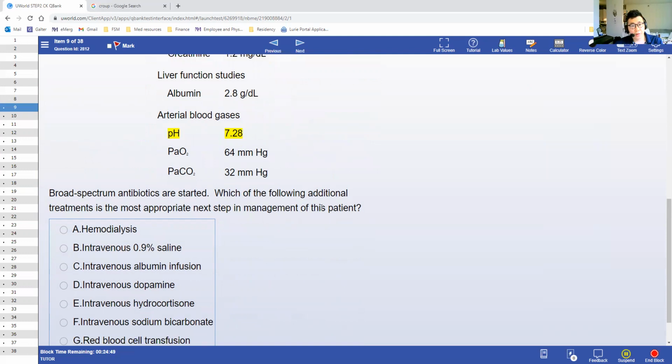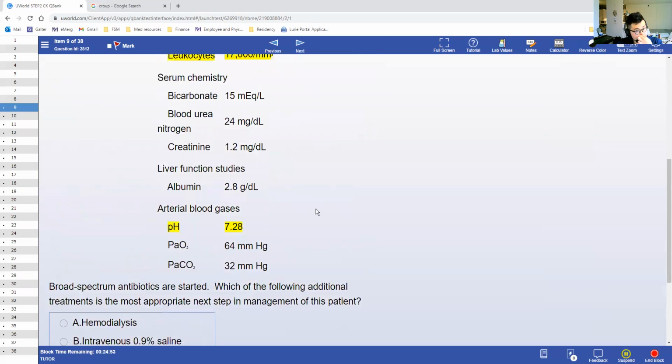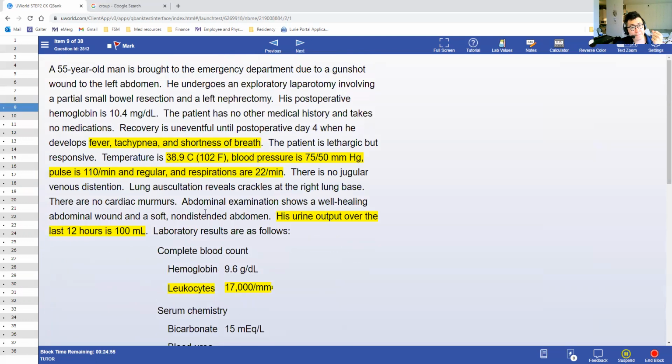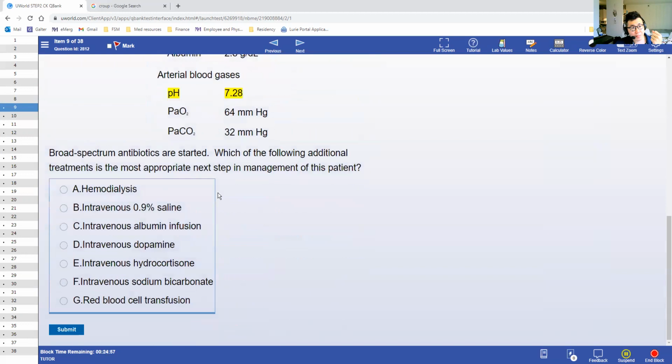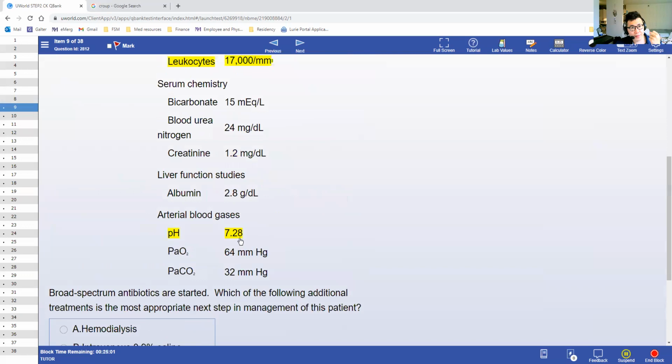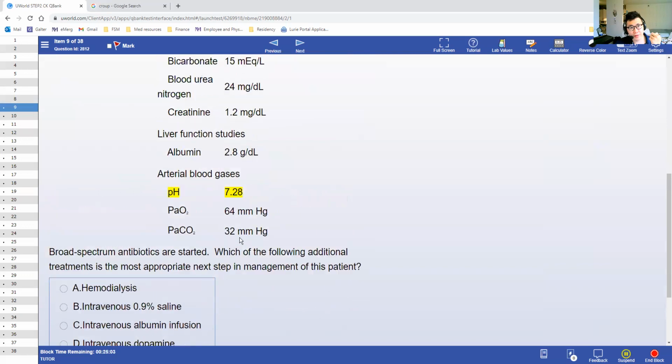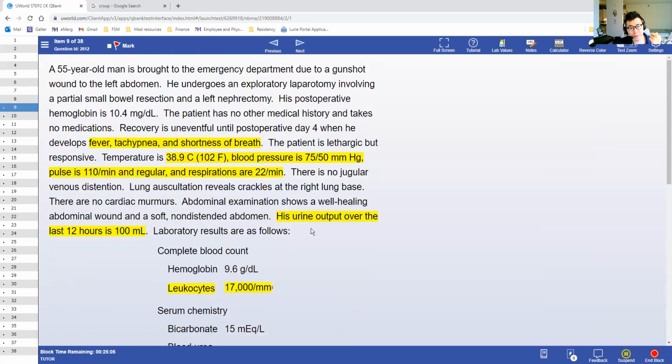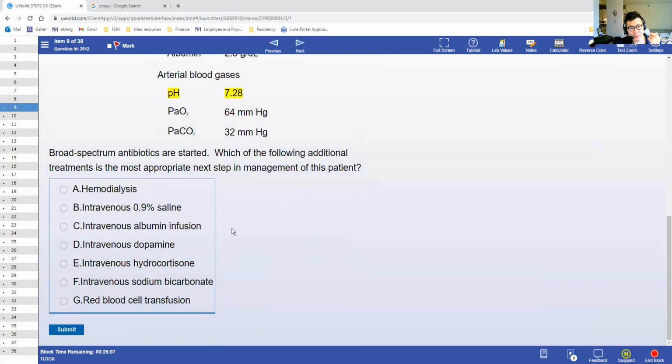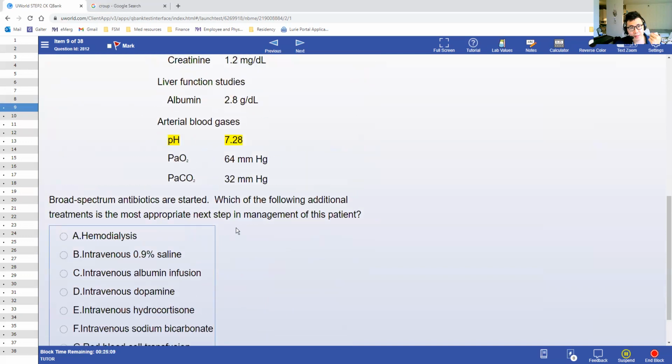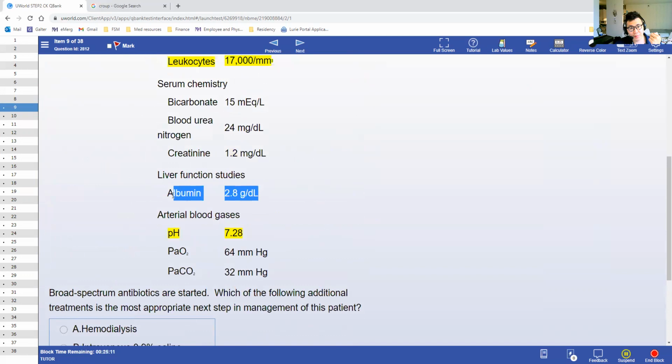Next step of management, yeah, so you just give antibiotics. And I believe you'd also just give fluids, given that he's kind of septic and his kidneys are failing, you'd want to protect against that. What is this, albumin? Albumin's kind of low.